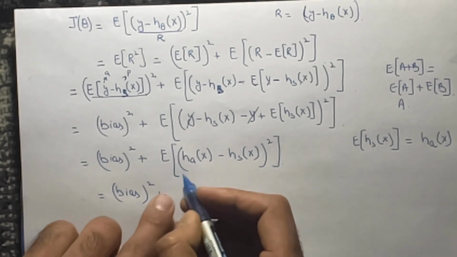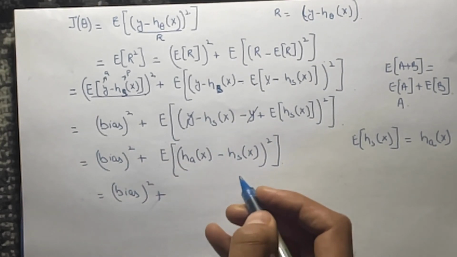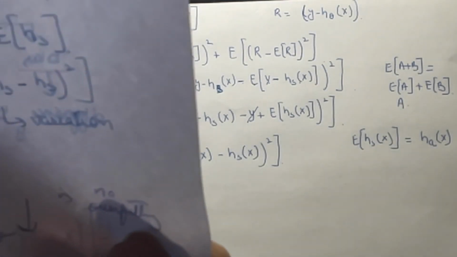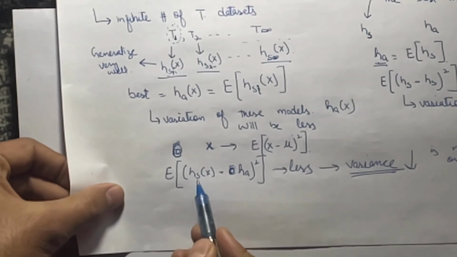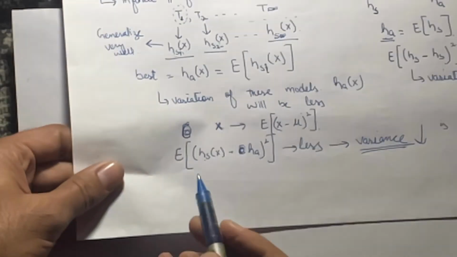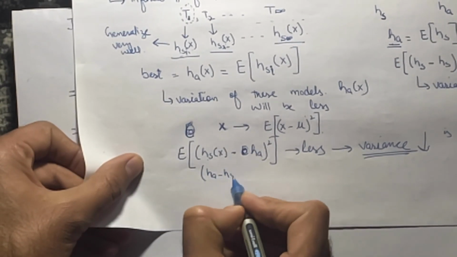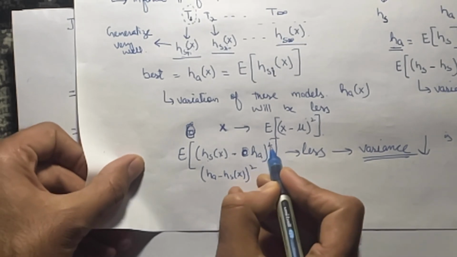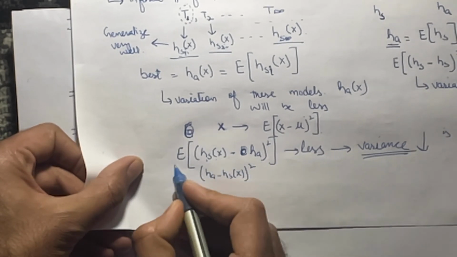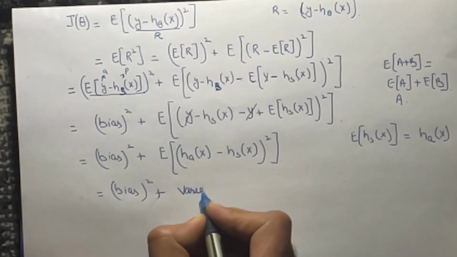plus, now let me write average of, or this particular quantity, what it is called. So as I have shown you here, this particular quantity h s x, so h s x minus h of a, or you can also write it h of a minus h s of x whole square, because of this square you can write either this first or this first. So this is called variance, okay, plus variance.